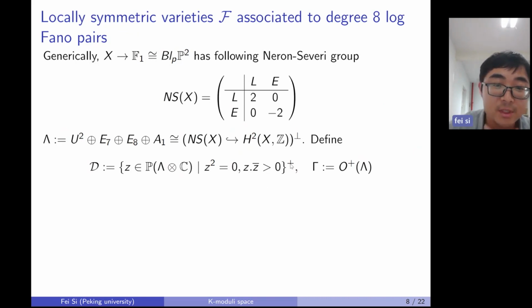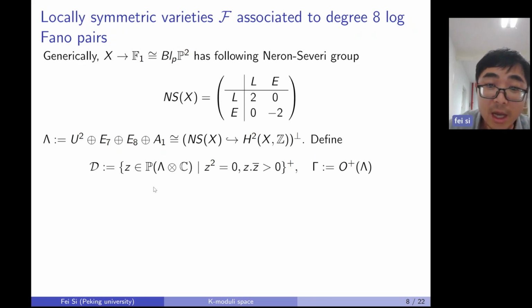Here, plus means you take a connected component of this space. In this case we can take the monodromy group as the orthogonal group, so-called. That is, you preserve the intersection form on this lattice. O plus means you preserve the component.